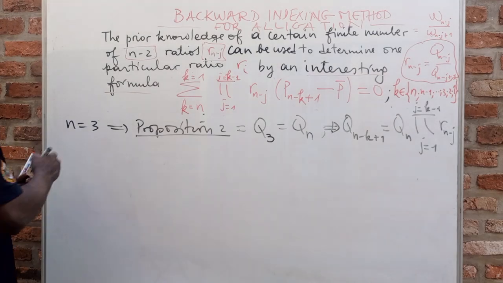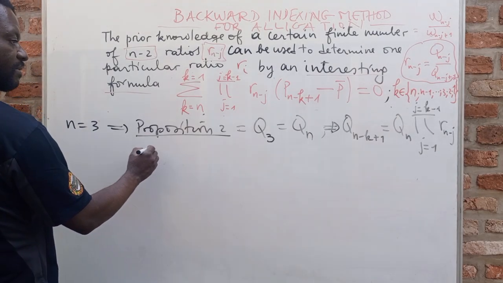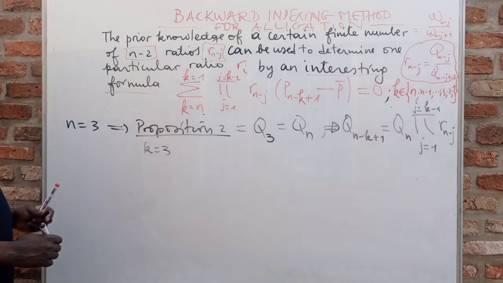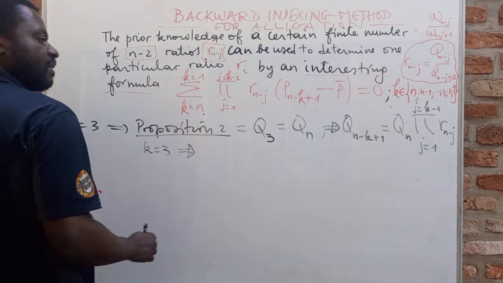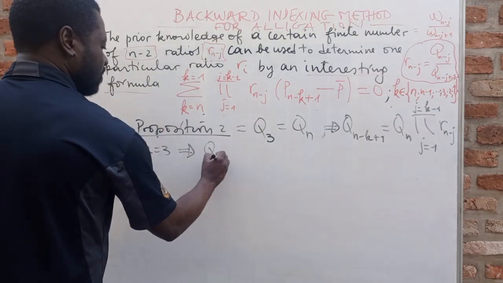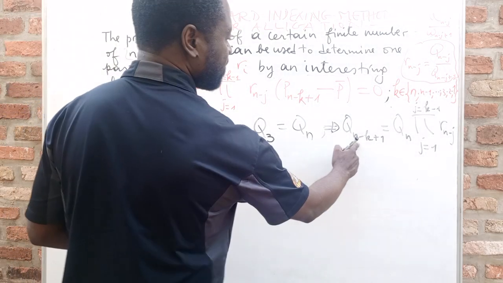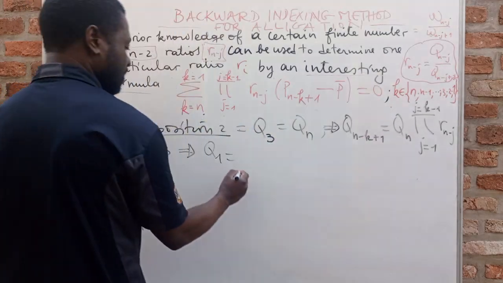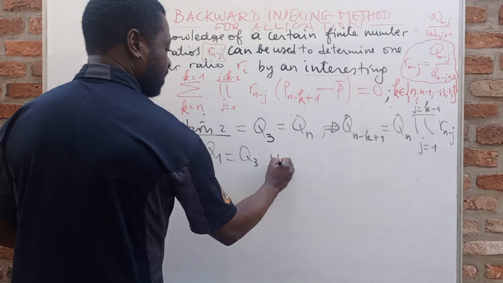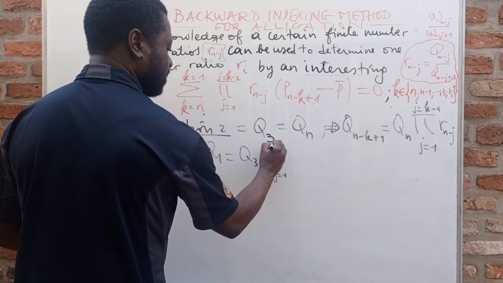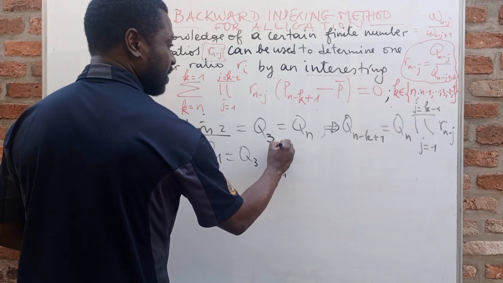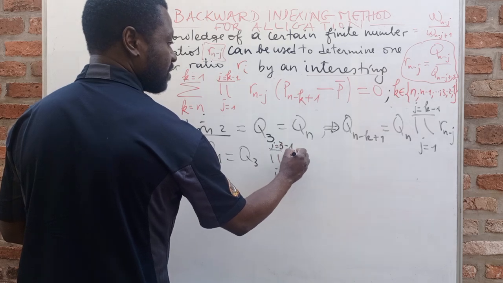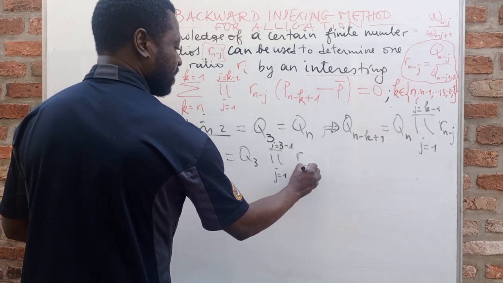Okay, so let us take n equal to 3. Then for k equal to 3, which is n, as we have said, it is q sub 3 minus 3 plus 1, that is q1. It will be expressed in terms of q3 times the product from j equal to 1 until j equal to k minus 1, r sub 3 minus j.